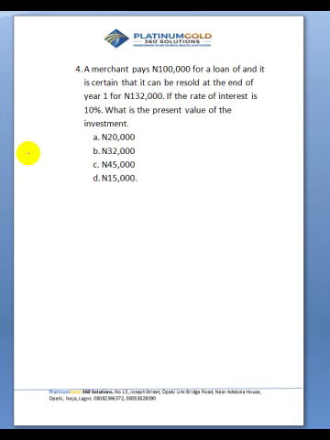What's the formula for present value? Of course, the present value for this will be the difference between 132, discounted, and the 100, which is this B.